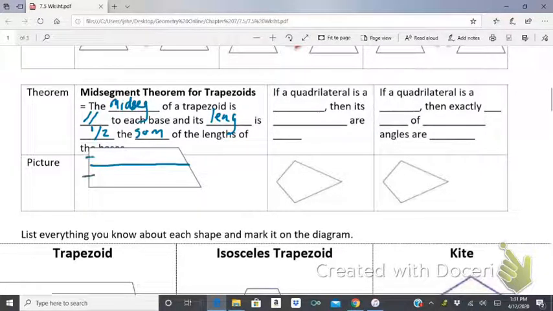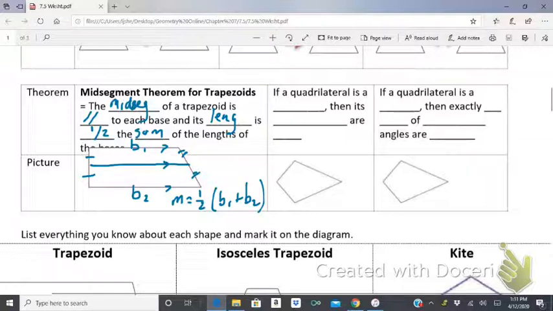That means that it breaks these up into two equal pieces because it connects midpoint to midpoint. This thing up here is base 1. This thing down here is base 2. The midsegment equals half of base 1 plus base 2. We'll see an example of what that looks like in a second, but that's what that means. Okay? It also means that all three of these are parallel to each other.